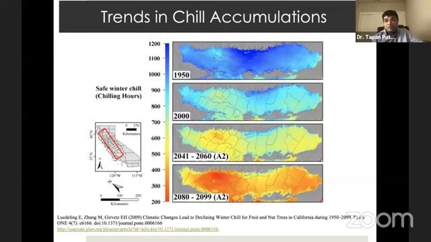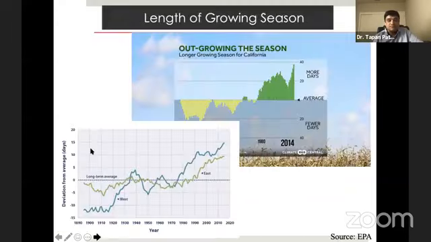Even by 2000, there is a 30% reduction in total chill that California has received. In the future climate, it's going to decline even further, and it's going to have a major impact on that production.